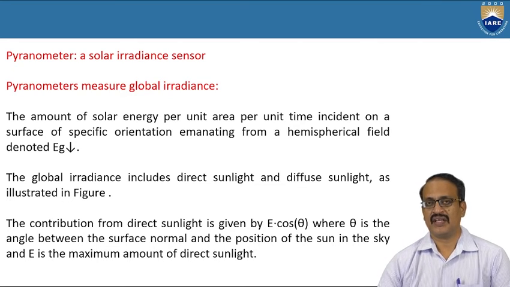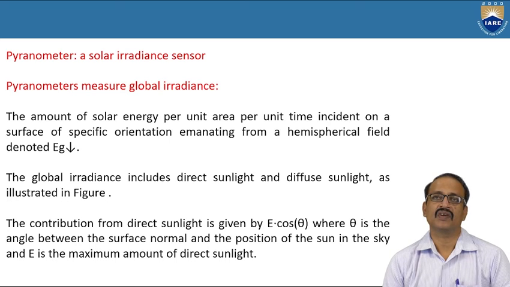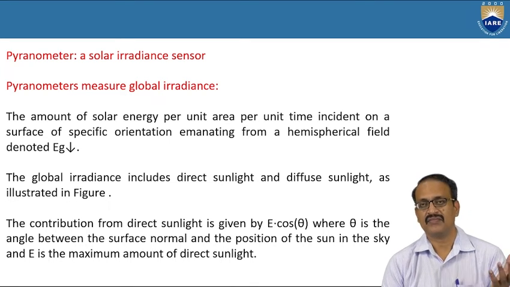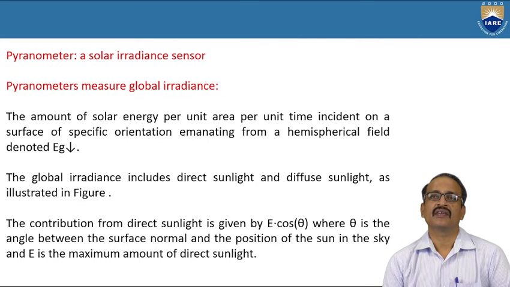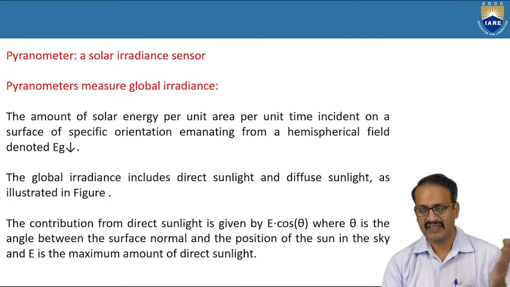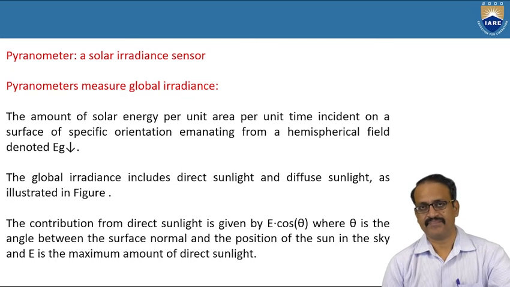So if you take a unit area, in that area, what is the amount for a unit of time? So it has a hemispherical surface. The global irradiance means direct sunlight and also diffused sunlight.